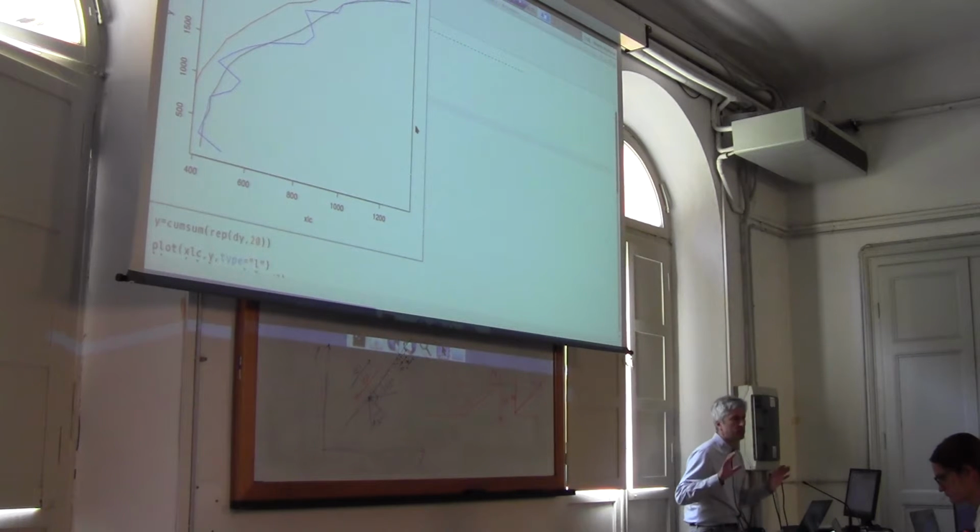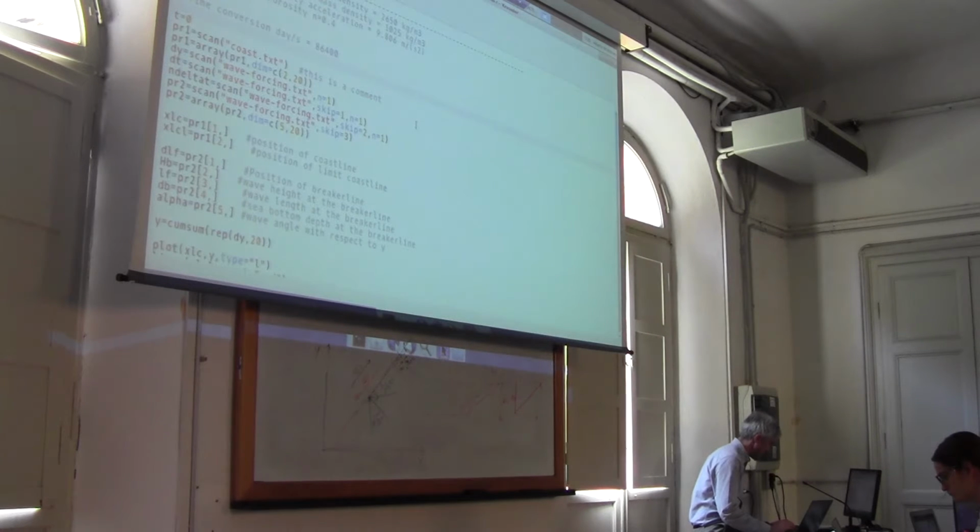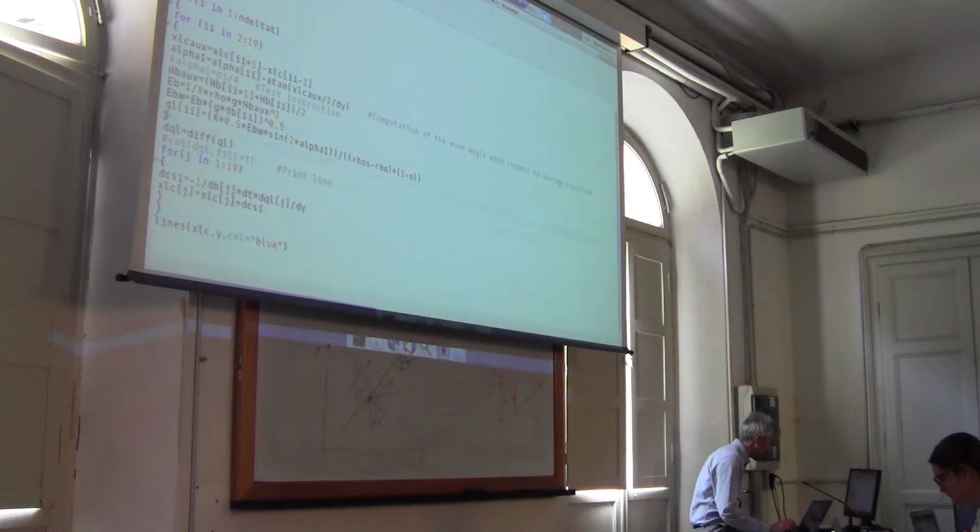And keep in mind that when you turn from an empirical formulation to another one, you could get results that differ by an order of magnitude, because empirical relationships, you know, this is something that is to be expected. So let's go to the place here where we apply the CFC formula, and let's comment it.